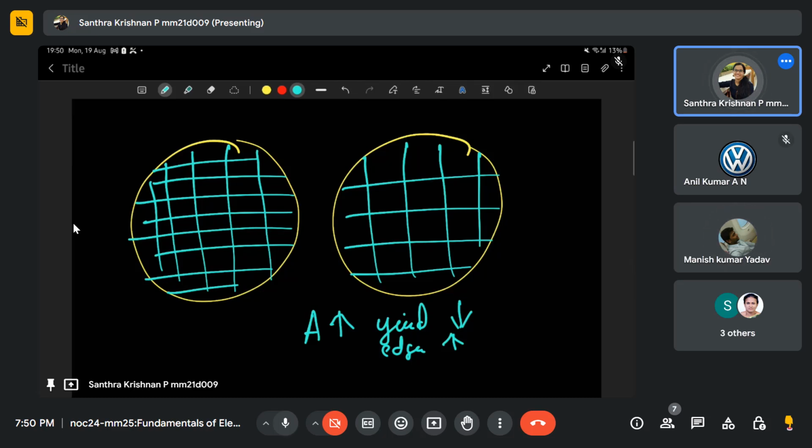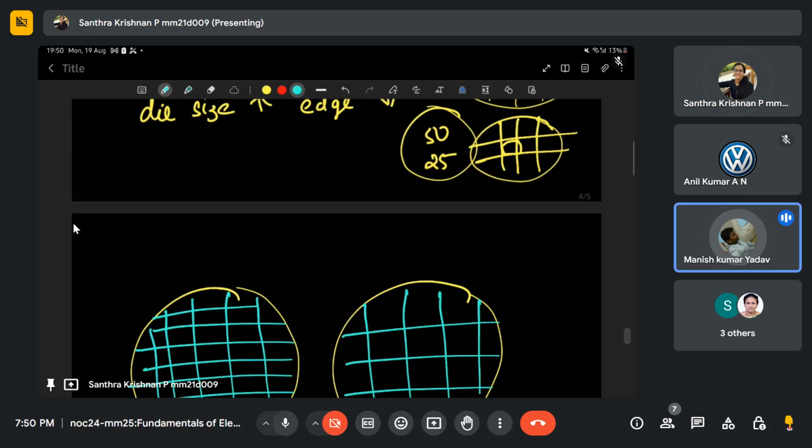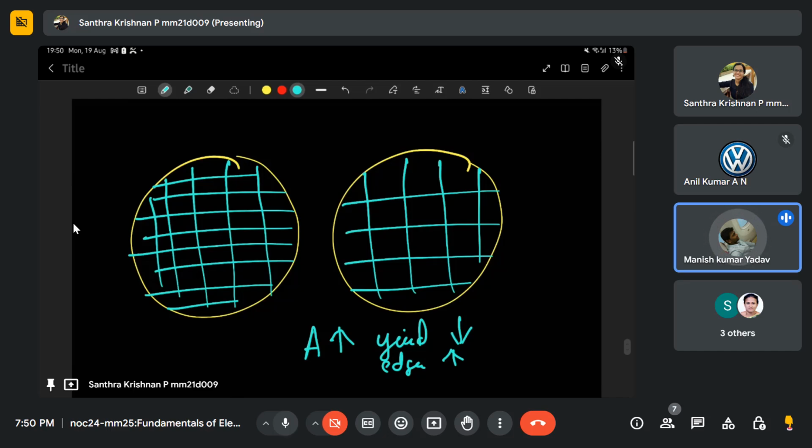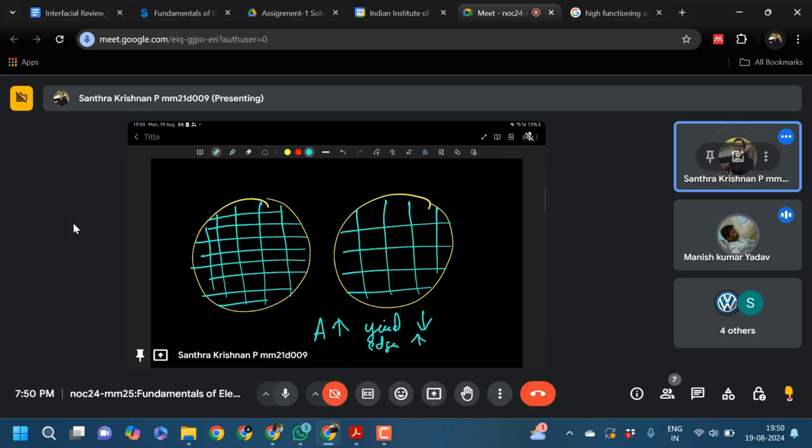I don't think that statement is right: as die area increases, yield will decrease, right? Yes, ma'am. If area increases, yield decreases. It means it is not a desirable condition, so the chip area should be minimum.